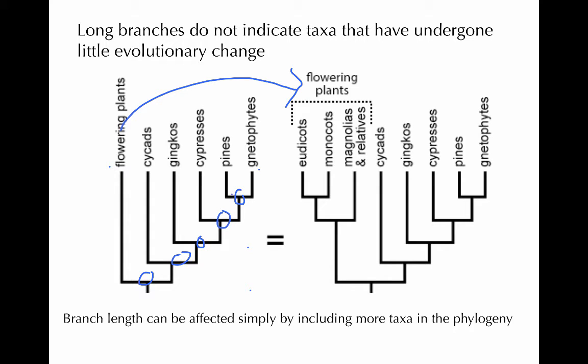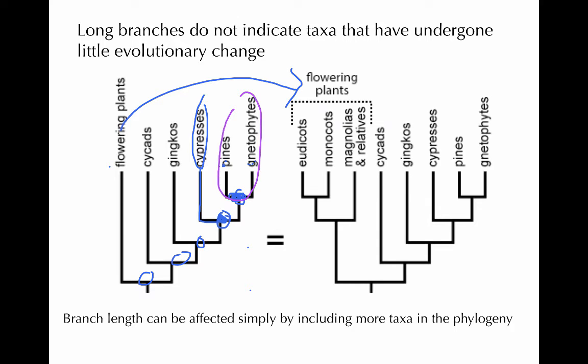So the ones that share the most recent common ancestor are more related. So like here, pines and neophytes are most closely related in this phylogeny. And then if we look at cypresses, who's their closest common ancestor, so you look back in time, here's the last common ancestor we've drawn here, and then you say, well, who is branching off of that?